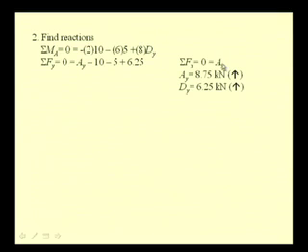In this case, Ax is 0 and Ay is 8.75 kilonewtons and Dy is 6.25 kilonewtons. Once these external reactions have been determined, we can proceed to determine the internal forces.